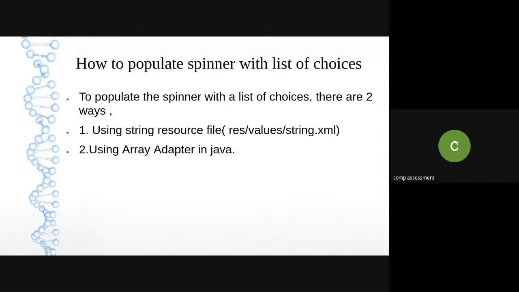So using my string resource file, I can link a set of values to the spinner at the compile time, that is static allocation. Whereas when my program is actually running, at that time, by using array adapter, I'm going to link a list of values with the spinner. So to populate the spinner with a list of choices, there are two ways, by using the string resource file, and the second one is by using array adapter.